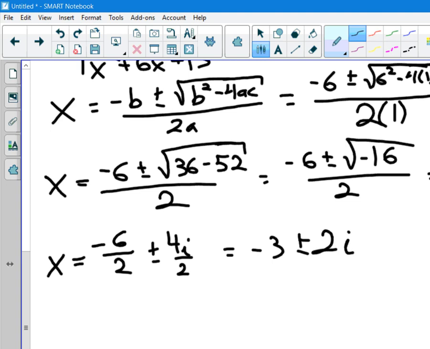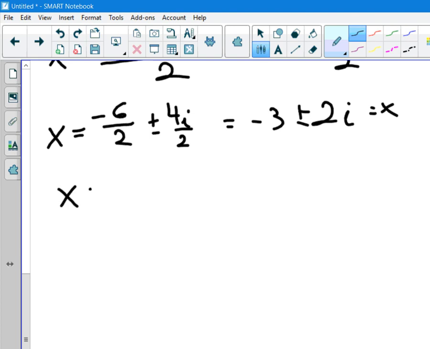And so then these are my other 2 roots, which is negative 3 plus 2i and negative 3 minus 2i. Again, we see that complex conjugate pairing.